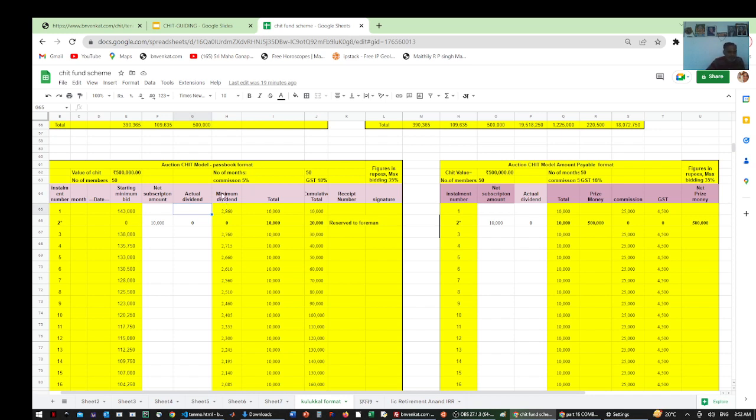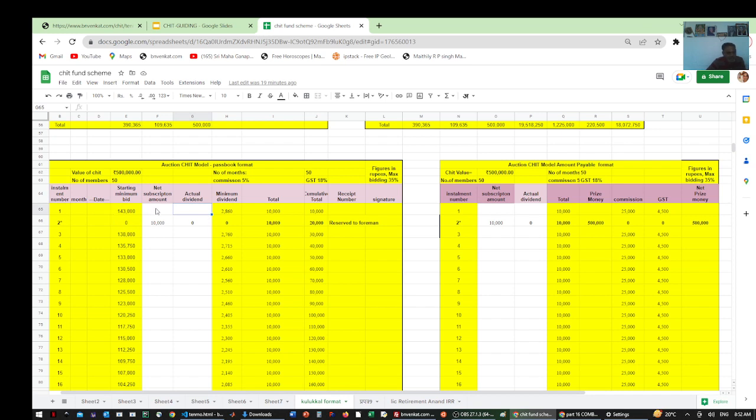Here, instead of dividend, we have three additional columns. One column is the minimum dividend, and here the starting minimum bid for the month. It will not start at 0 or 5,000, it will start at 1,43,000.